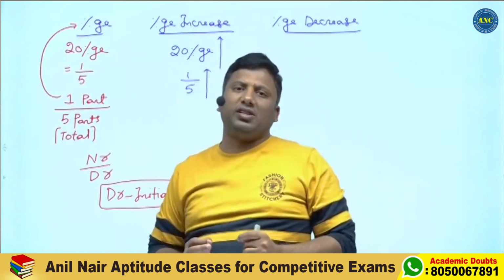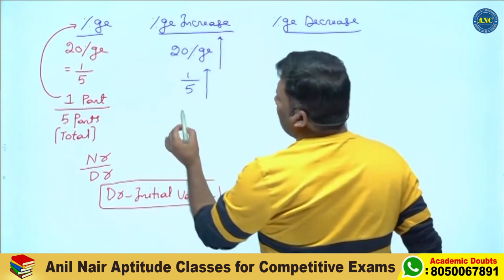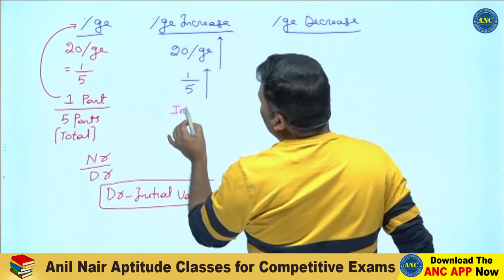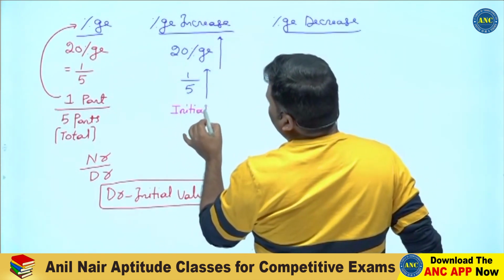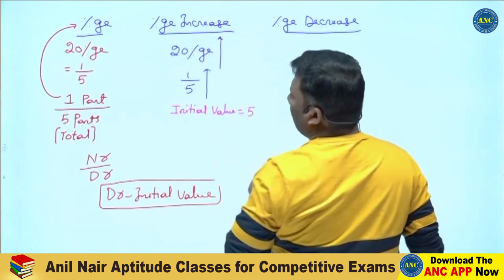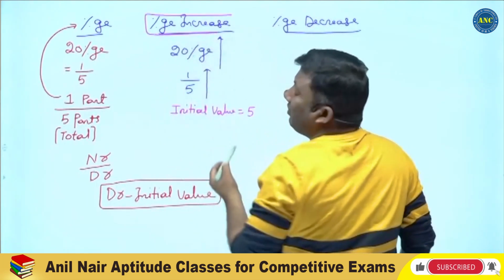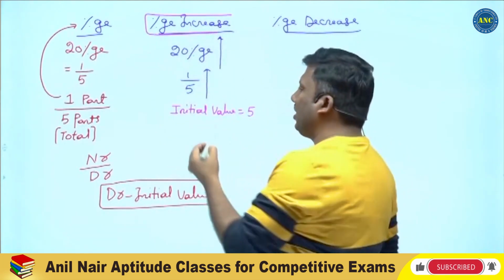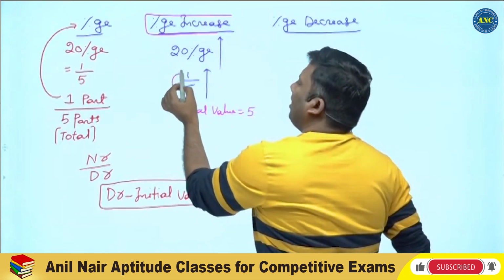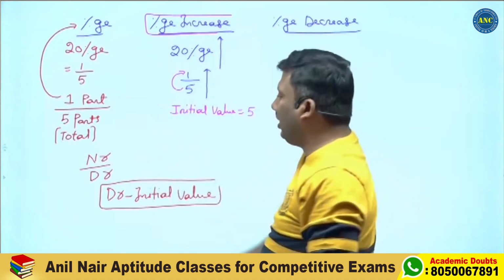Whenever you are doing percentage into fractions, denominator is always the initial value. That means initial value will be 5. Whenever I am doing percentage increase, the meaning of this 1 by 5 increase is, on 5 there is a 1 increase.